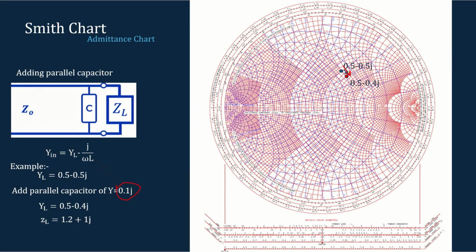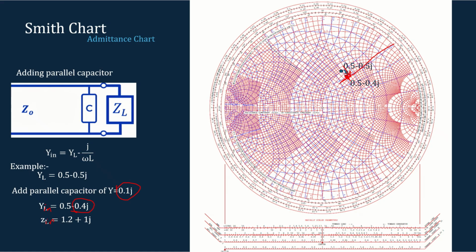So I have to move 0.1. Here you can see that as it is minus 0.5 plus 0.1, the total will be minus 0.4. So this line corresponds to 0.4, and that intersection will be my new input admittance.